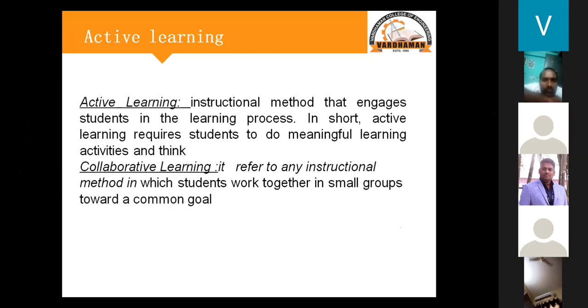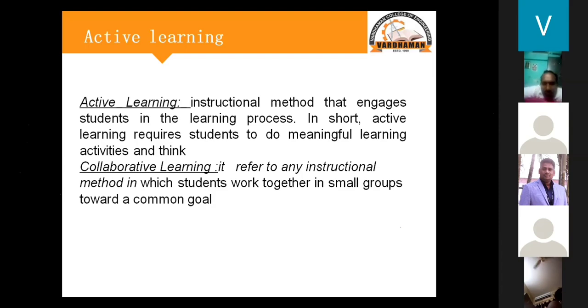But what exactly does active learning speak about? Active learning says engage the students in the learning. So when your class goes on, instead of just listening to what you are speaking, the students are required to be engaged in some learning activities.